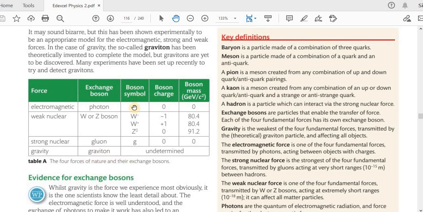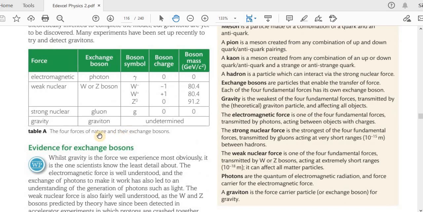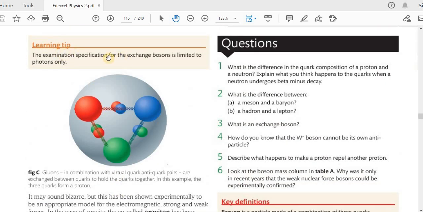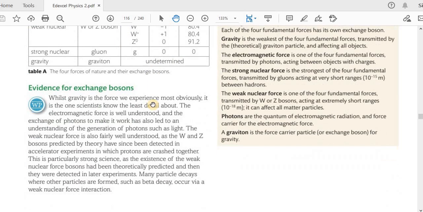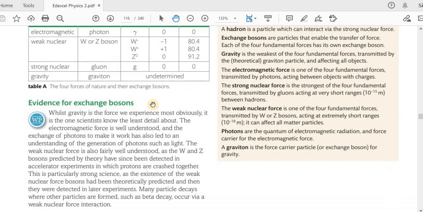Then boson symbol, boson charge, and boson mass undetermined. For the examination, the specification for exchange bosons is limited to photons only. Like I said, for additional information you can know this.